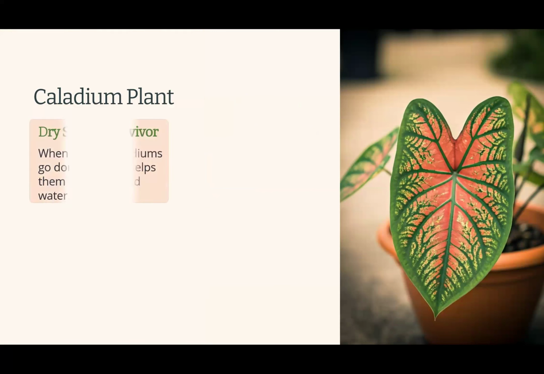Caladium plant. When it is dry, caladiums go dormant. This helps them save food and water. We said in the previous lesson that when winter comes, there is not enough food. Some bats will hibernate. That means they go into a state of rest or sleep.